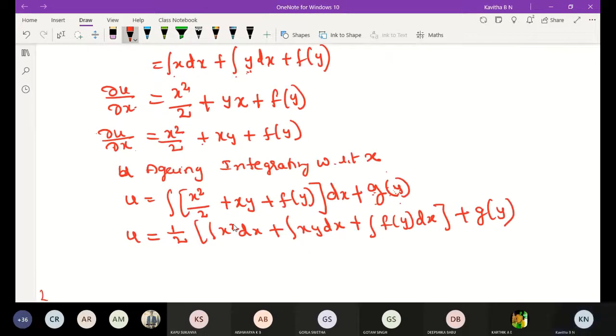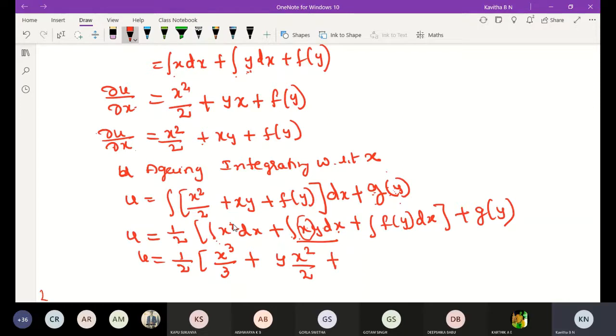Then next, u is equal to 1/2 times, integration of x² dx is x³/3, plus integration of xy dx. Integrating with respect to x, y is a constant, integration of x is x²/2.